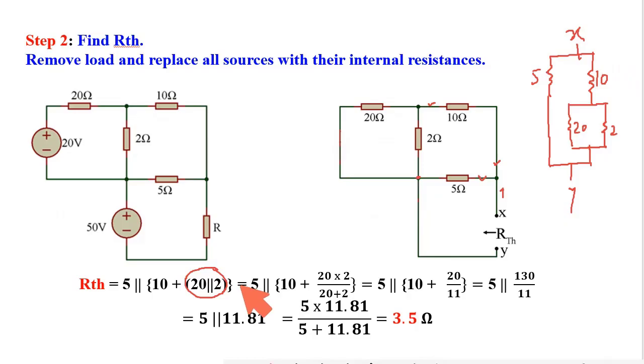It will be in series with 10, and the equivalent of this is in parallel with 5. Ultimately, after calculation, I got the value of RTH is 3.5 ohm.